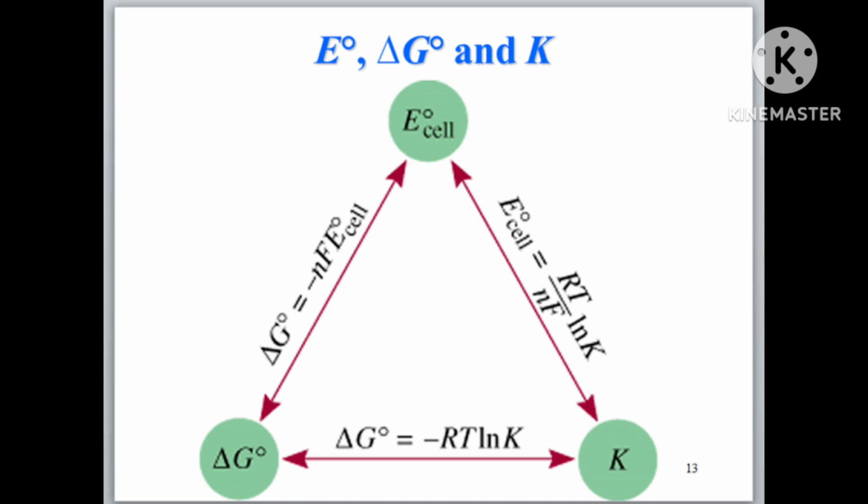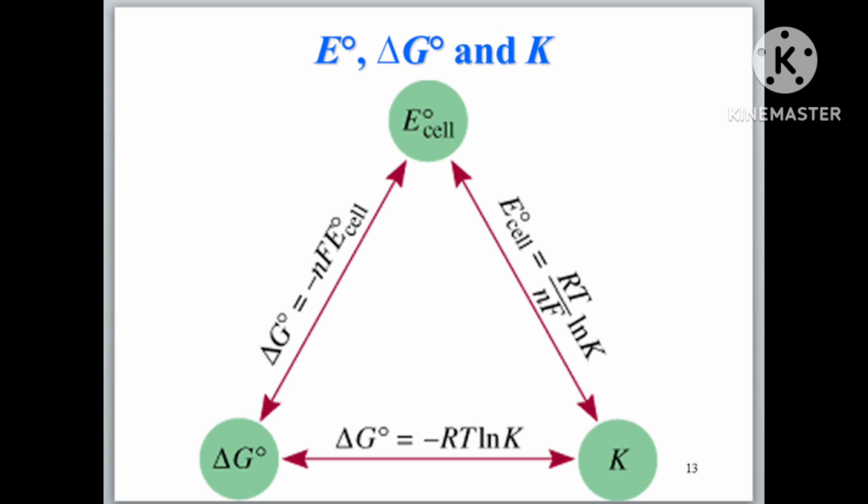Two relations are there. Now, if you want, you can relate these two relations also, because both are delta G. One delta G is equal to minus nFE and the other is equal to minus RT ln K. Then in place of delta G, you can keep minus RT ln K. Minus minus will cancel.